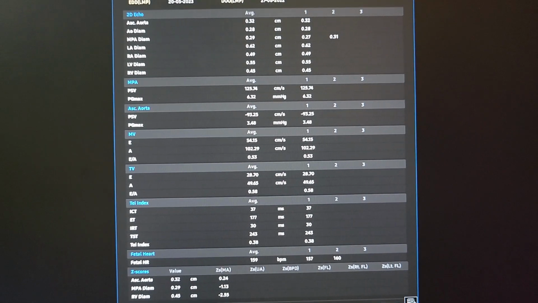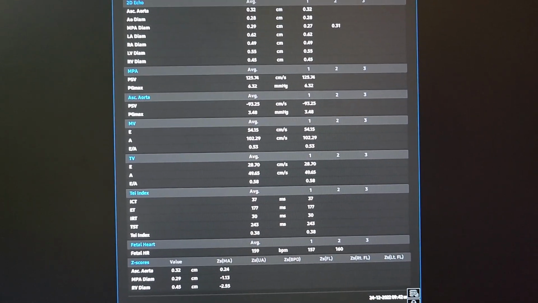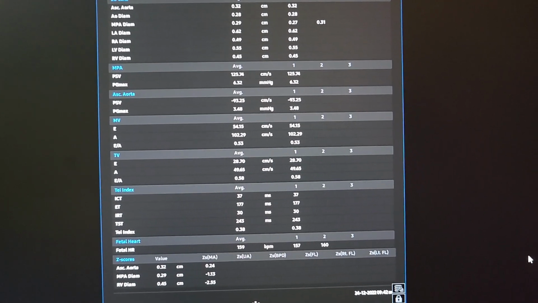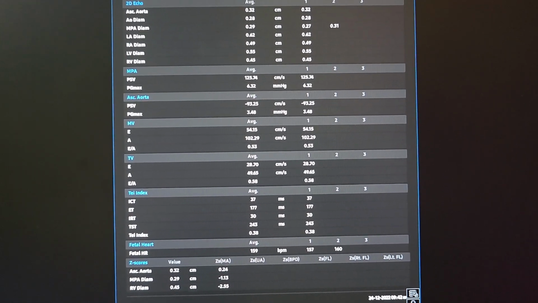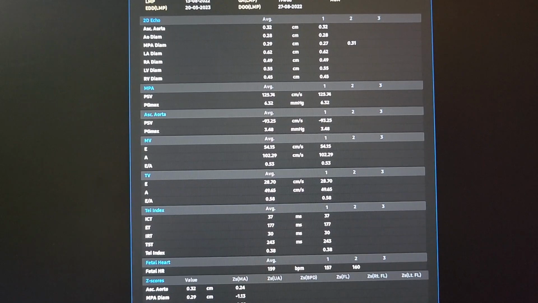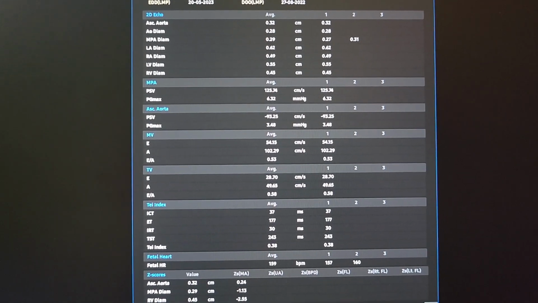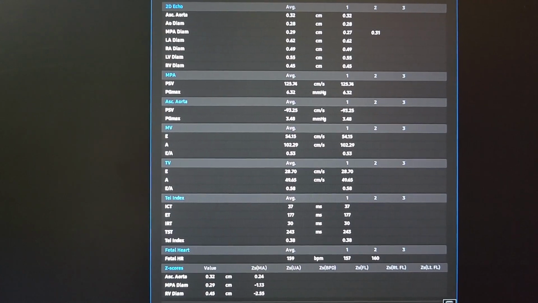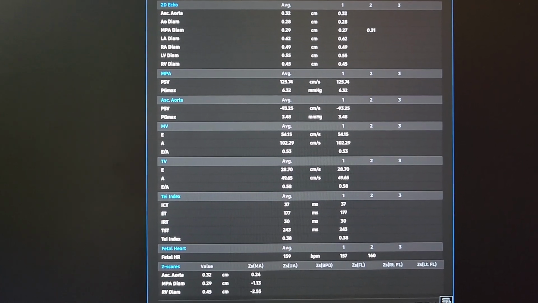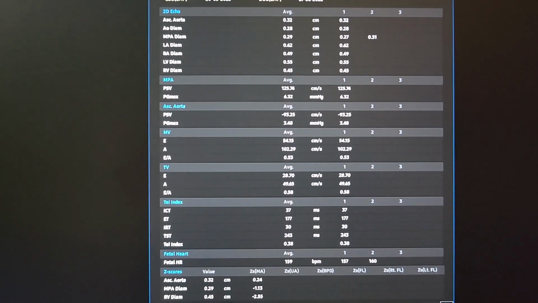So this is a case of pulmonary valve atresia resulting in small right ventricle with endomyocardial fibroelastosis, also having a tricuspid valve dysplasia with a smaller opening of tricuspid valve and a large tricuspid regurgitation.